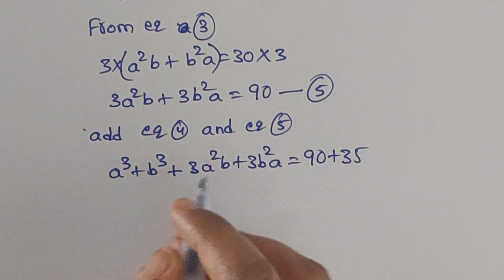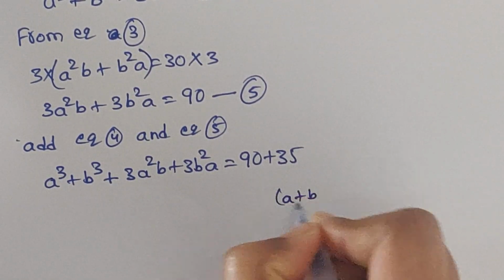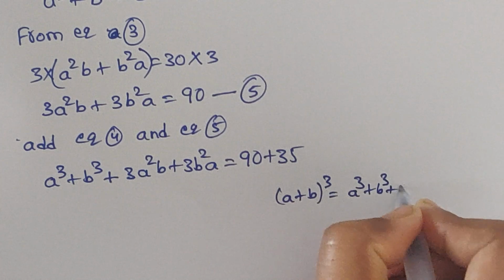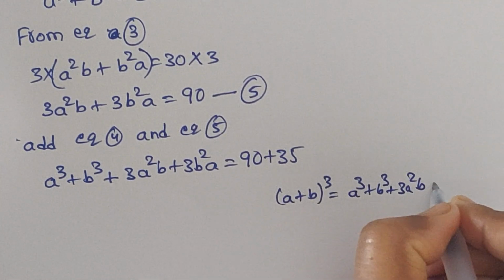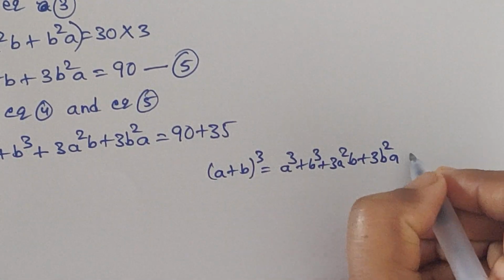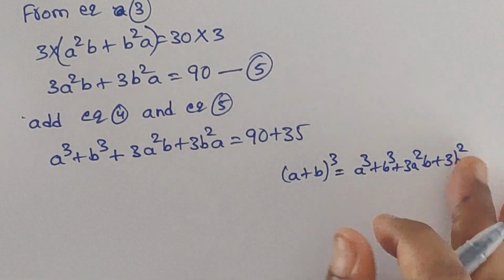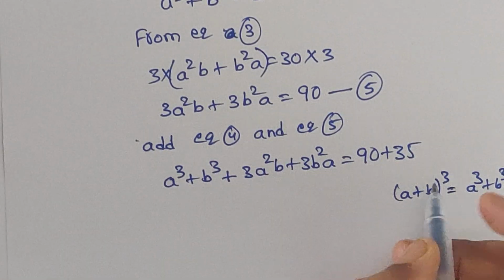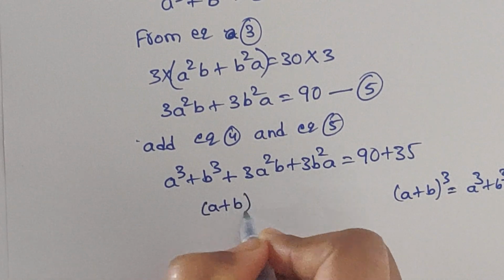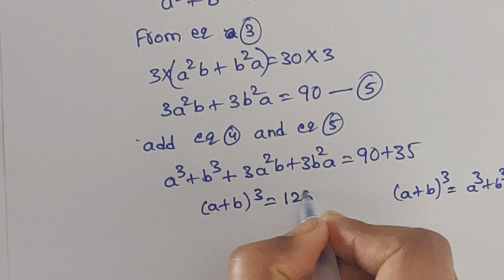So first we know this formula, a plus b whole to the power of cube equal a cube plus b cube plus 3a square b plus 3b square a. Okay, we know this formula, so in place of this we will write a plus b whole cube. So a plus b whole cube equal to 90 plus 35, which is equal 125.